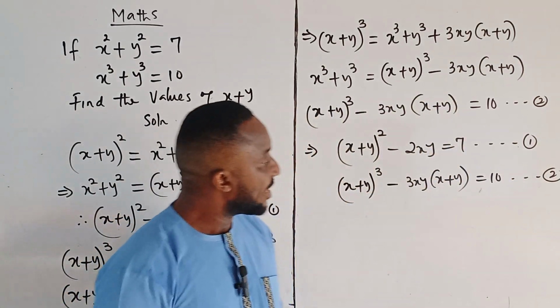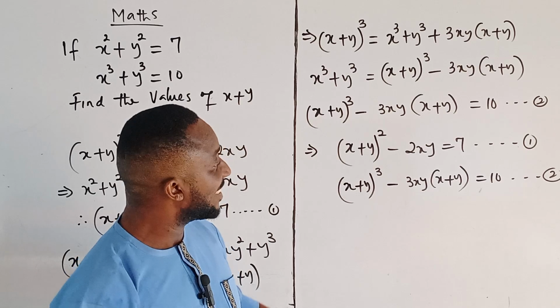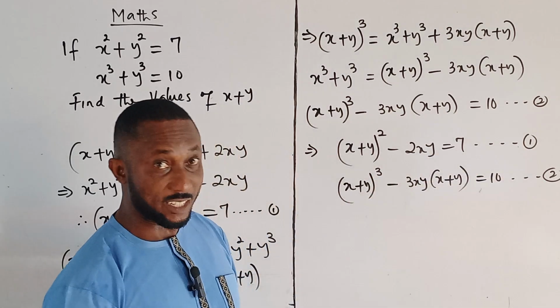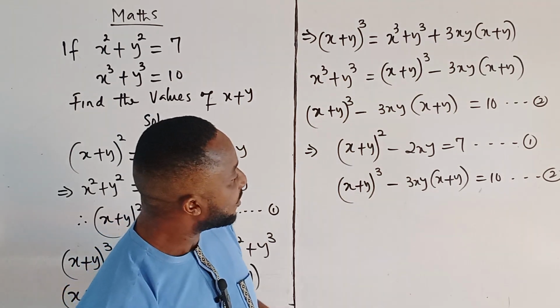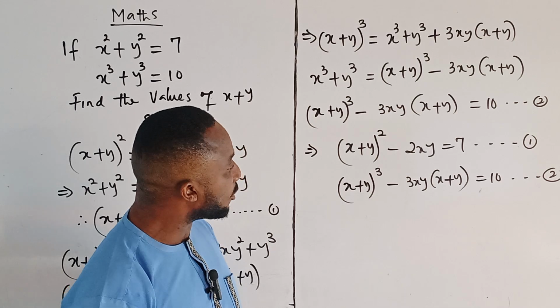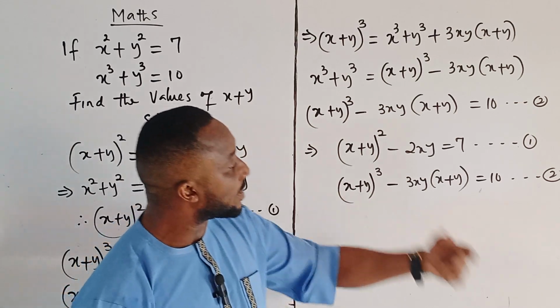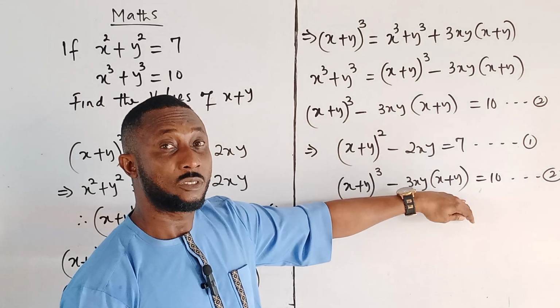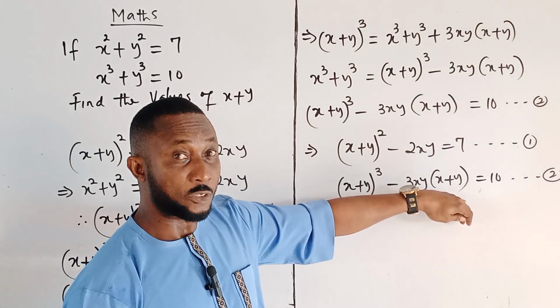Now, it's only a very hardworking mathematician that can solve this and get the answer easily. So, for somebody who wants to ace his or her score in mathematics or become better in mathematics, the best thing to do is to use algebraic substitutions.